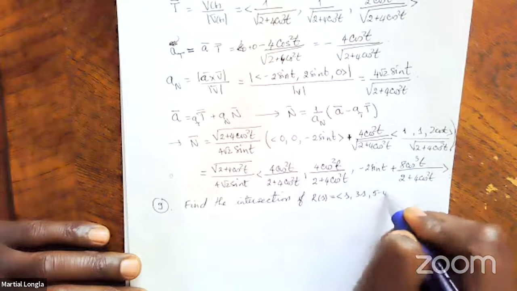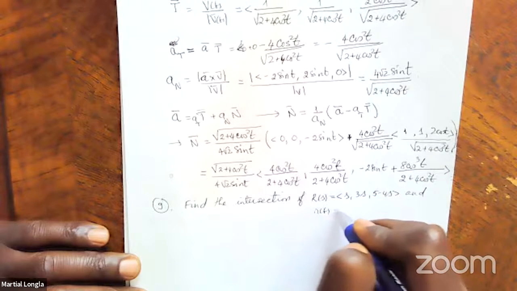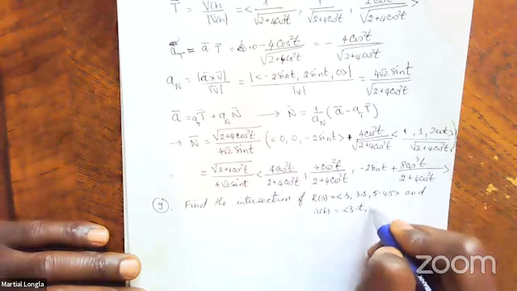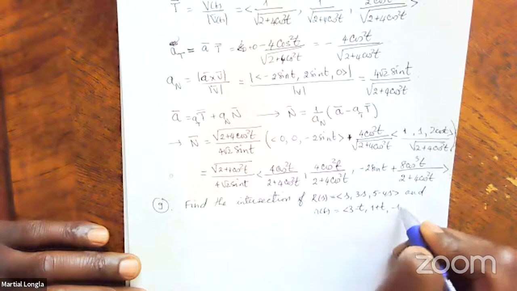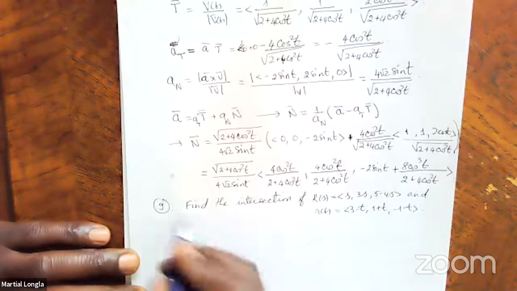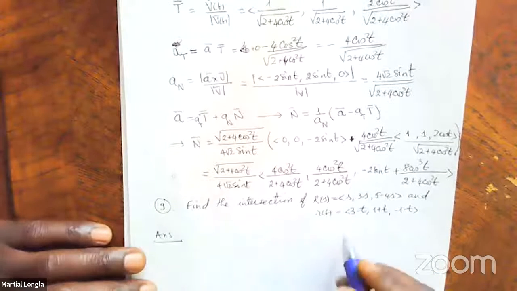3S, 5 minus 4S, and R of t equals 3 minus t, 1 plus t, minus 1 minus t. And like we said, you set the three equations equal component-wise.